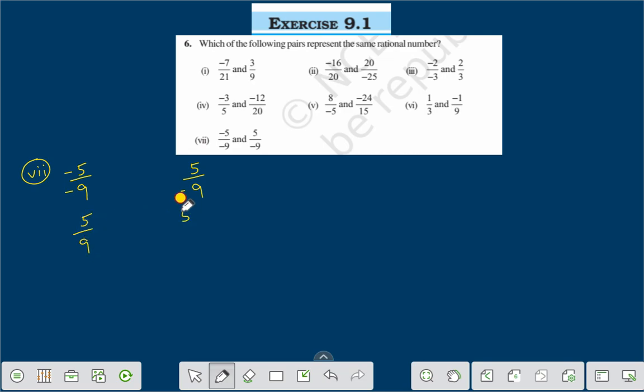And here we will get 5 by minus 9, right? One is positive, one is negative. Therefore, both the rational numbers are not same. Therefore, 5 by 9 is not equal to 5 by minus 9. Therefore, you can say that minus 5 by minus 9 is not equal to 5 by minus 9.